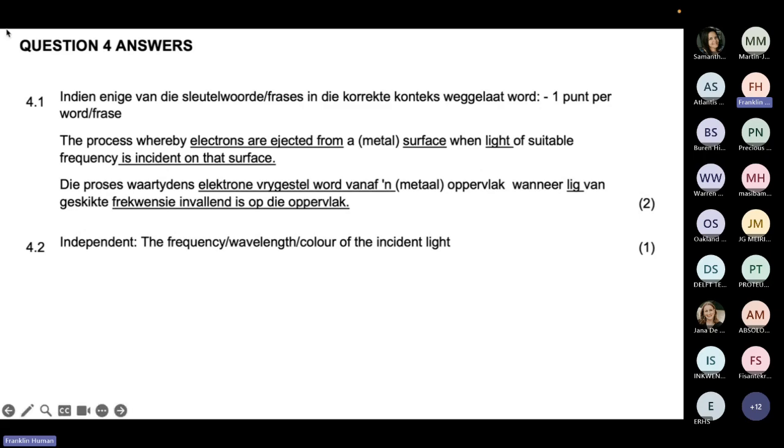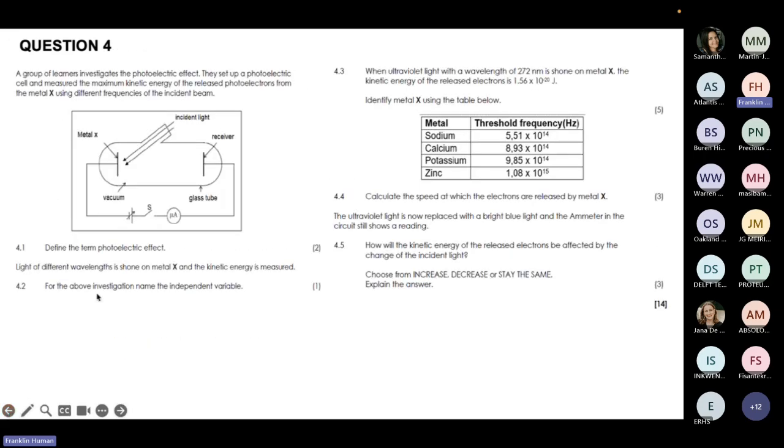Right, let's go back and look at our question for 4.2. For the above investigation, name the independent variable. A simple way, and we've said it throughout your studies of physics, the independent variable is the variable that you change. Remember the difference between this setup and the previous question was, in the previous one, the frequency was fixed.